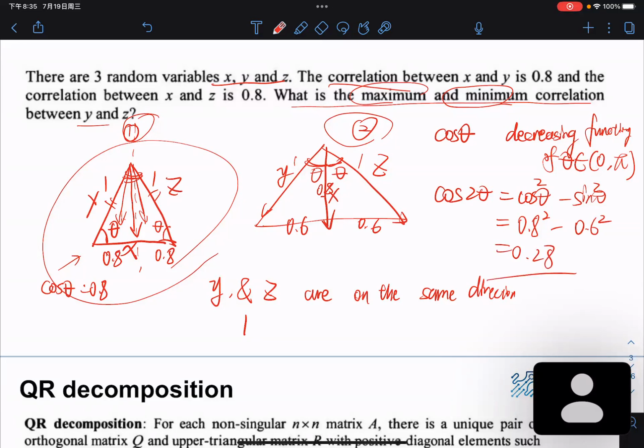And you may ask the question, hey, why can't the minimum come from here, right? So I'm going to answer why it cannot come from here. Because if we want the minimum correlation, then we want theta to be as large as possible, right? And in that case, you can see that for this method, we already set this as 0.8, and this can only be 0.6.